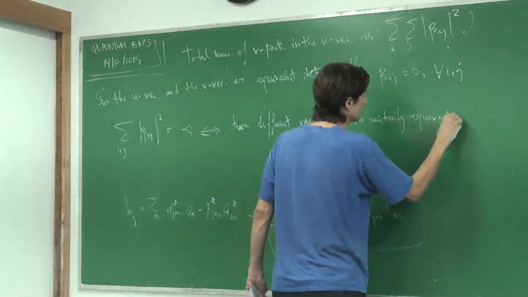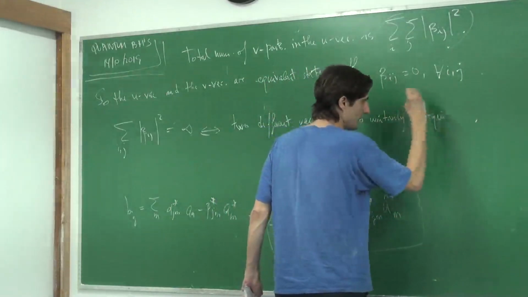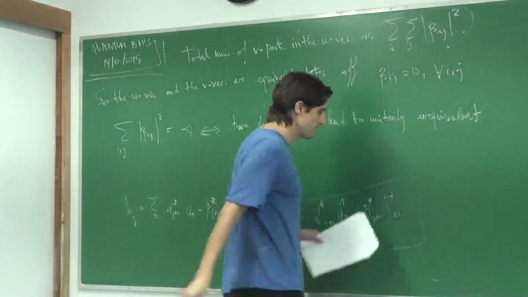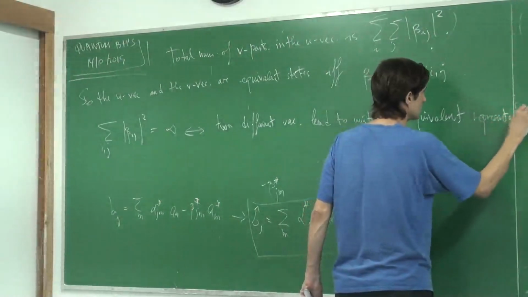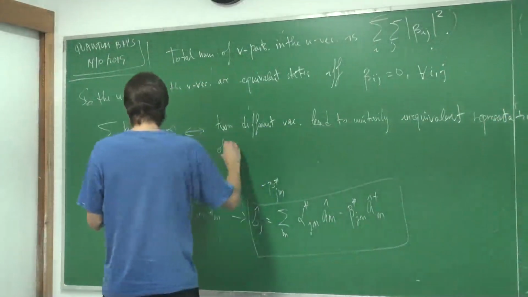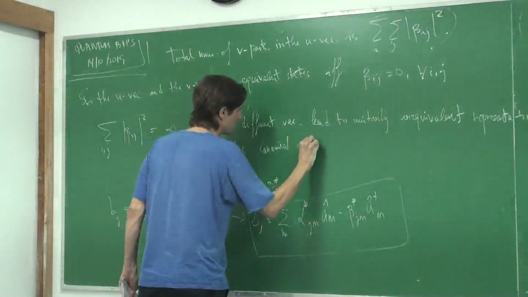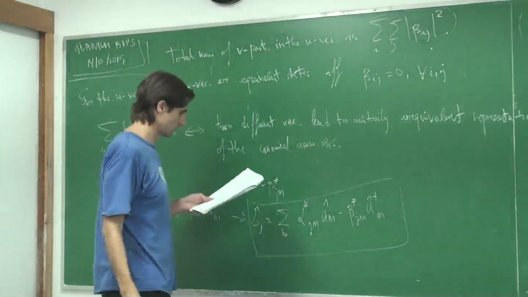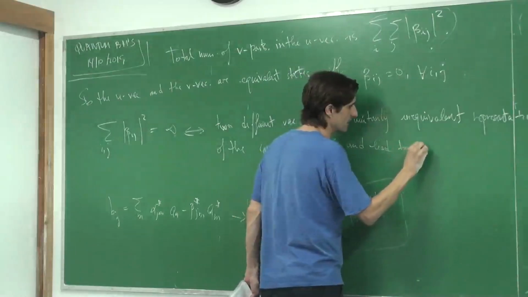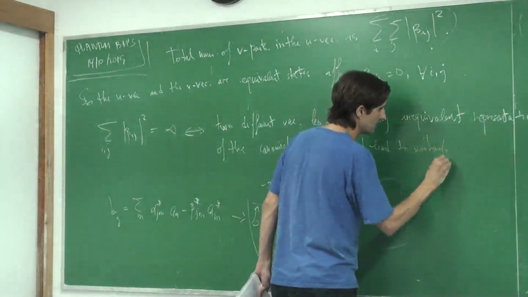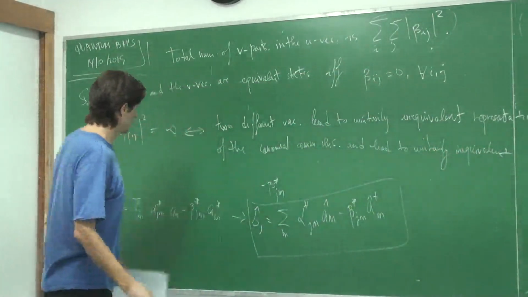If that double sum is infinite, there are inequivalent representations of the canonical commutation relations, and this leads to unitarily inequivalent Fock spaces.